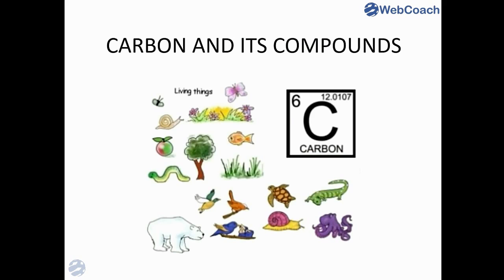Assuming I'm getting the answer as pencil from a lot of students, because that is what they would usually give first, and before that even they would give charcoal, the coal that you see around. Those are the two common answers that students usually give for carbon. With that background, we'll start the class about carbon and its compounds.